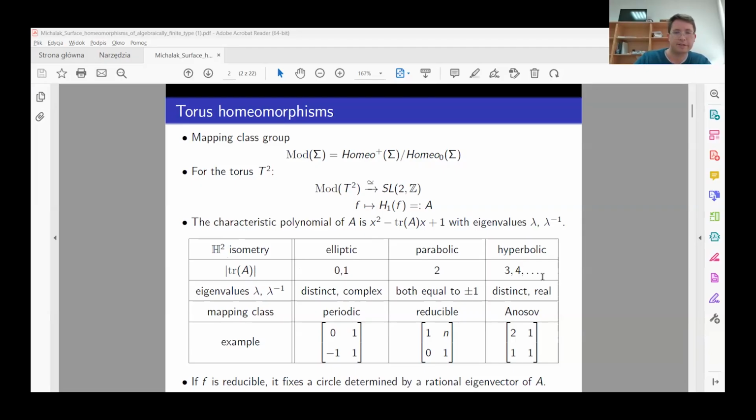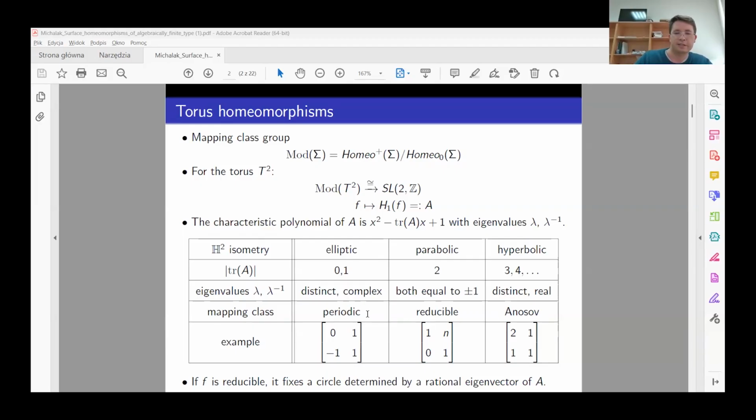They can be described explicitly in terms of invariants of the matrix, or the trace or eigenvalues. And these families of H2 isometries correspond to three classes of the mapping classes of the torus, which are called periodic, reducible, or Anosov. Periodic means that some power of this mapping class is the identity.